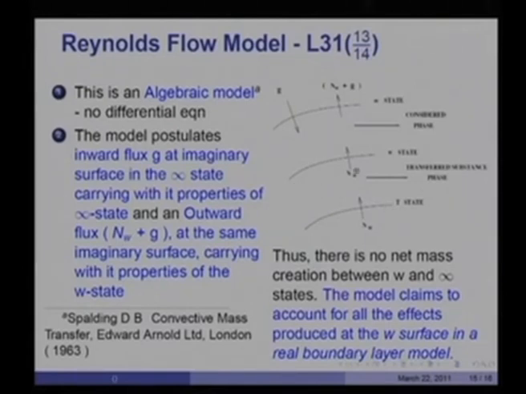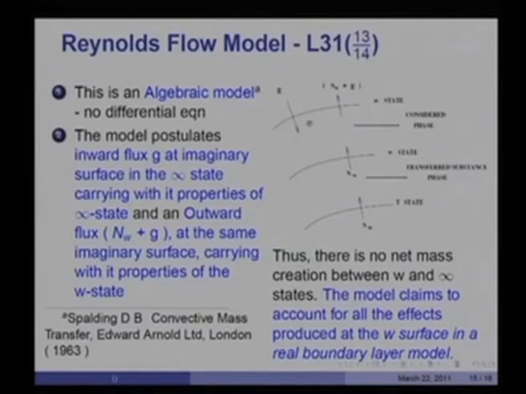This is the interface, and what the model postulates is a fictitious inward G flux from the infinity state, which will bring with it properties of the infinity state. So, the model simply postulates a fictitious flux with a symbol G, which flows towards the interface from the infinity state and carries with it properties of the infinity state.